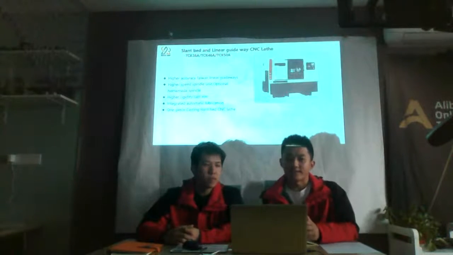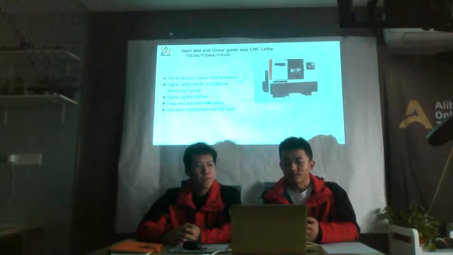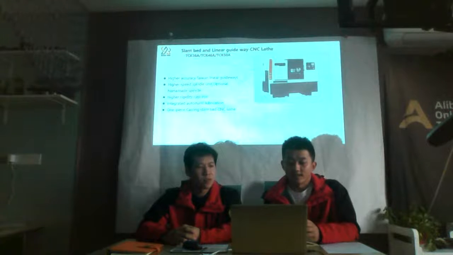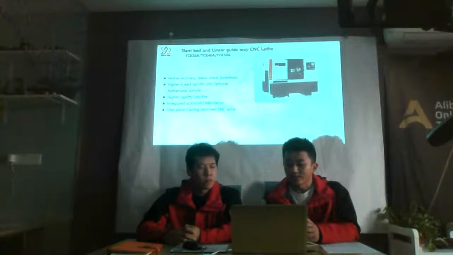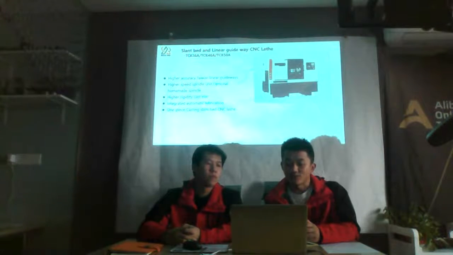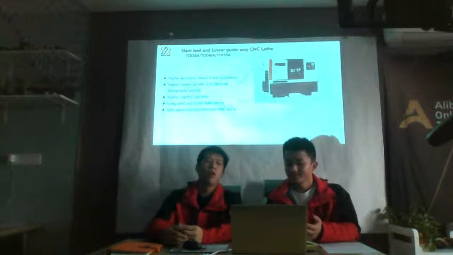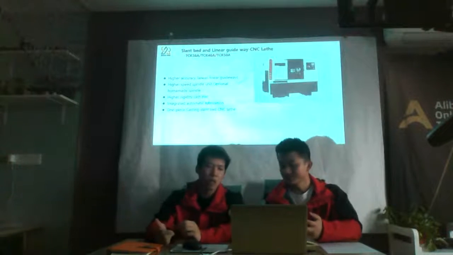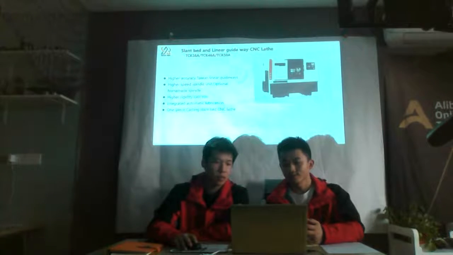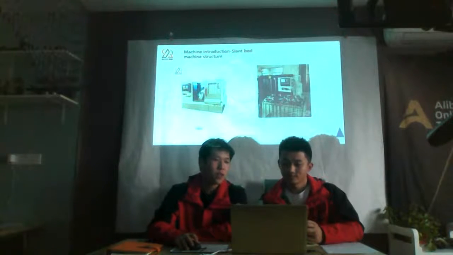And the next is higher rigidity cast iron. And the next is integrated automatic lubrication. The last is one-piece casting strengthened by the CNC lathe. Okay, so these are some design features about the slant bed lathe machine, and let's move on.